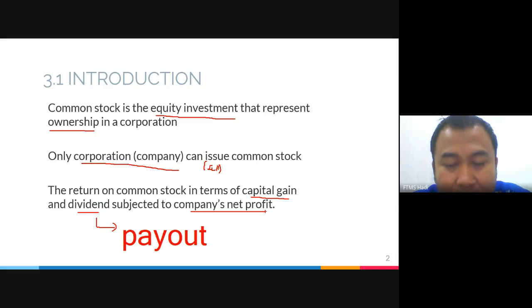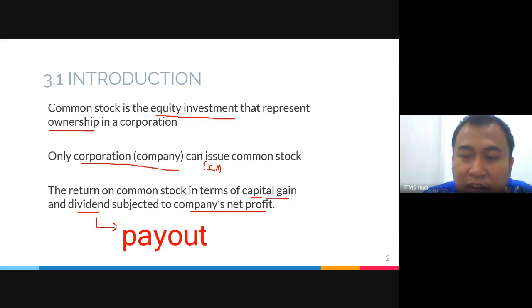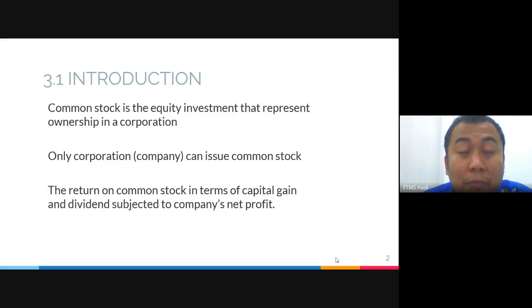Remember, what does a company do with profit? Profit will be distributed between shareholders, regardless of major or minor shareholders.